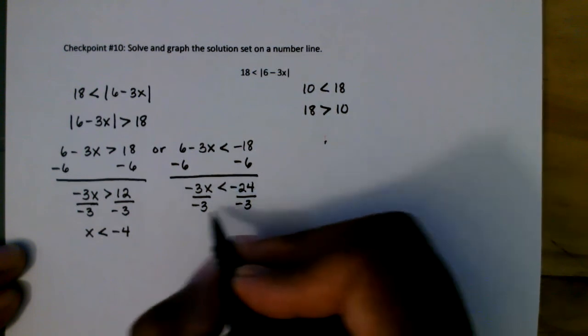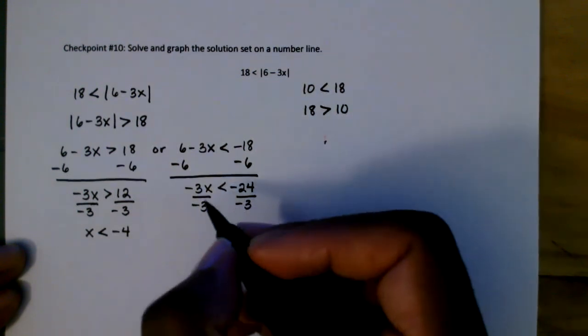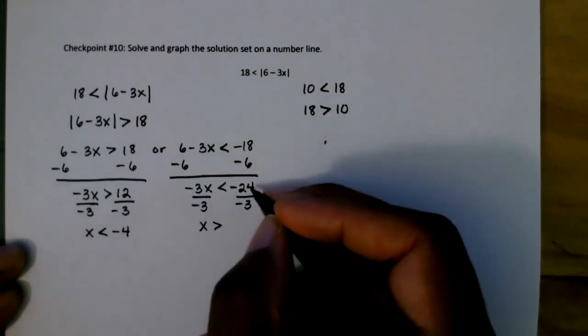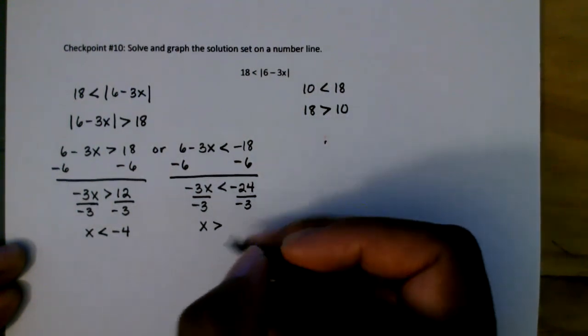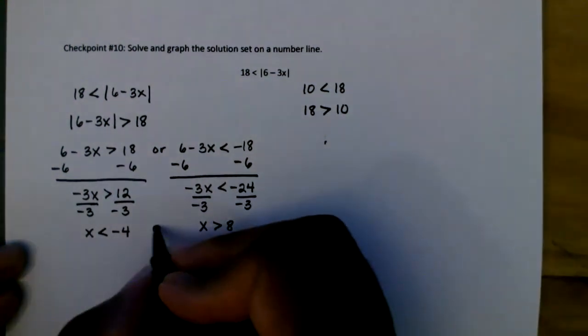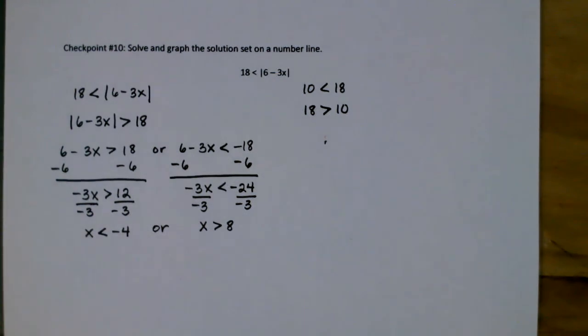Again, when dividing by a negative, the inequality symbol changes from less than to greater than. Negative 24 divided by negative 3 is 8. So this is x is less than negative 4 or x is greater than 8.